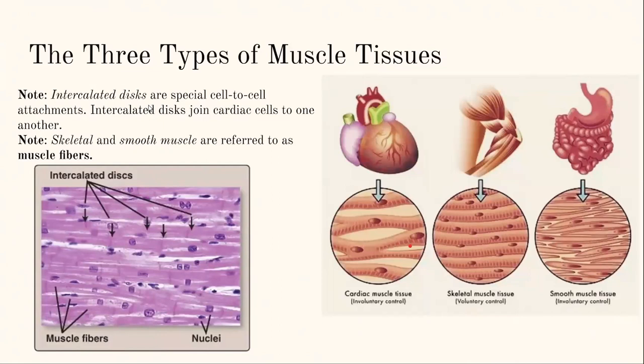So you can kind of see it in this picture, these lines. These are called intercalated discs. They join each cardiac cell together.